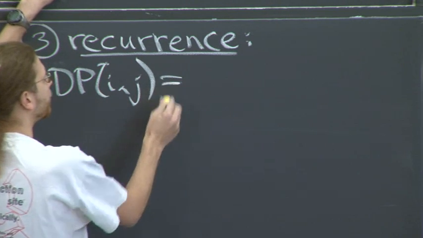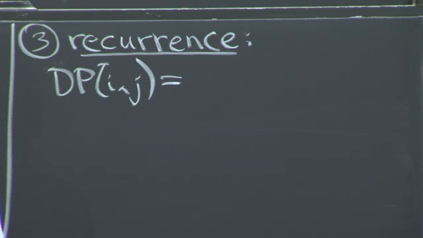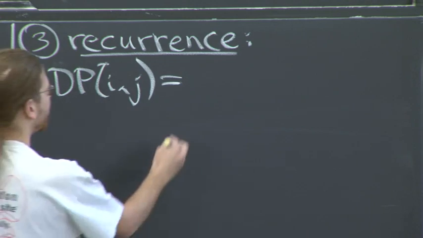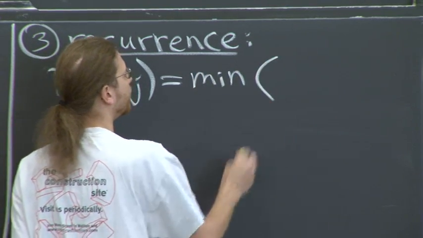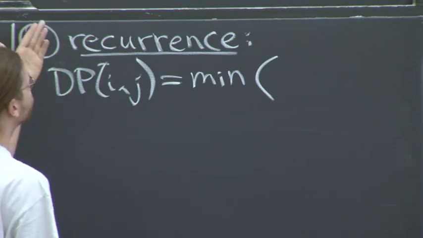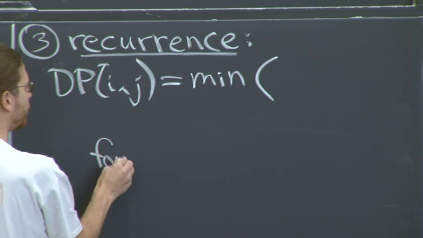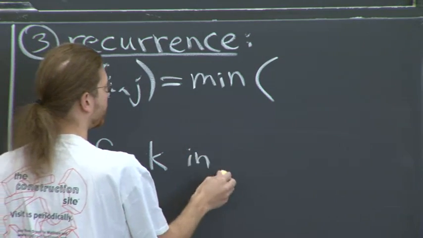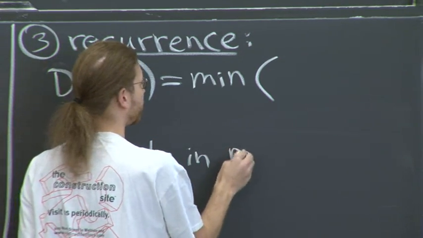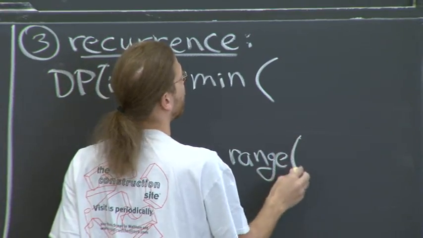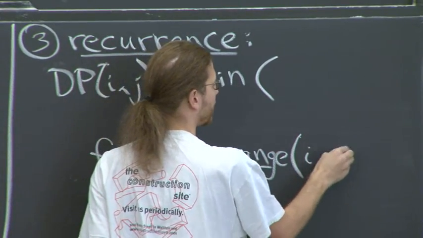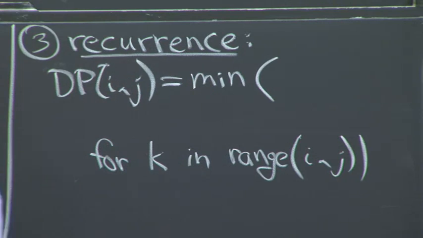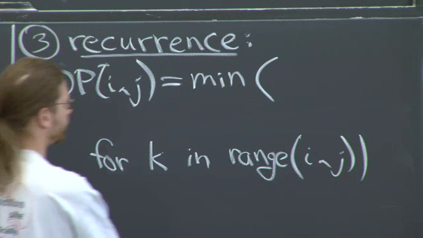I want to write it recursively in terms of smaller subproblems. And I want to minimize the cost, so I'm going to write a min overall. And for each choice of k, there's going to be a for loop. I'm going to use Python notation here with iterators. So k is going to be in the range, I think range i j is correct. I'm going to double check there's no off by ones here. It says i plus 1 j. That's probably right.